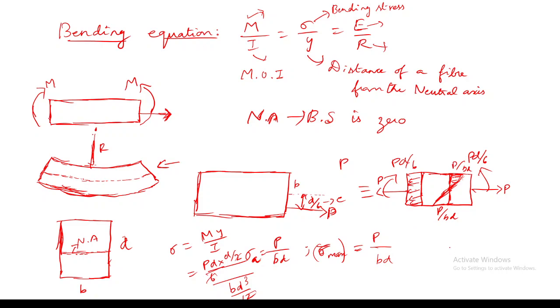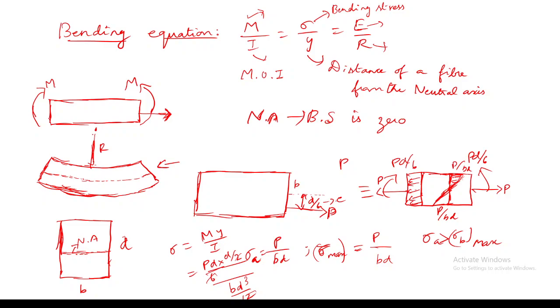Okay, so there are three conditions actually. When sigma A is greater than sigma B max, what will happen for this condition? We design the beam based on the axial stress.